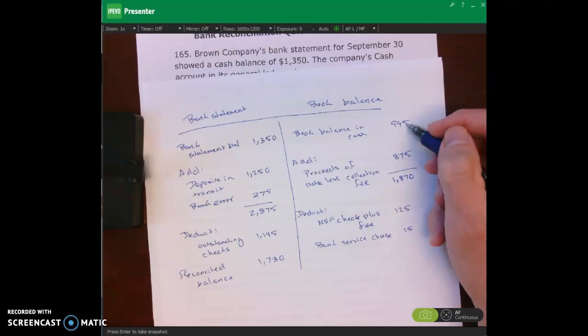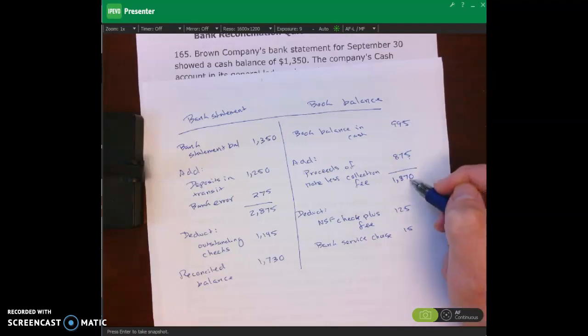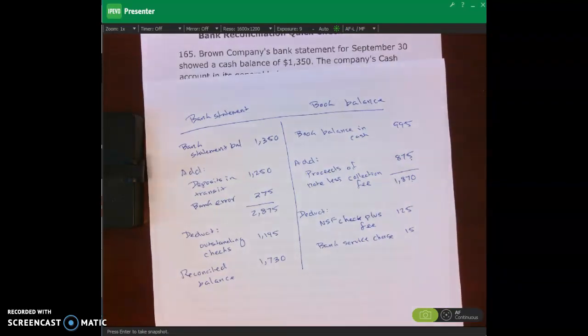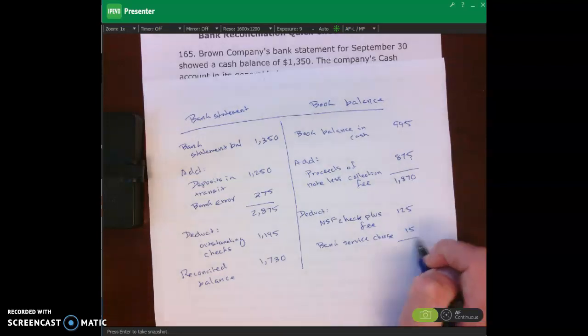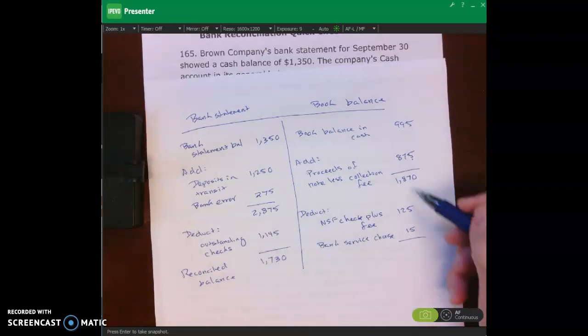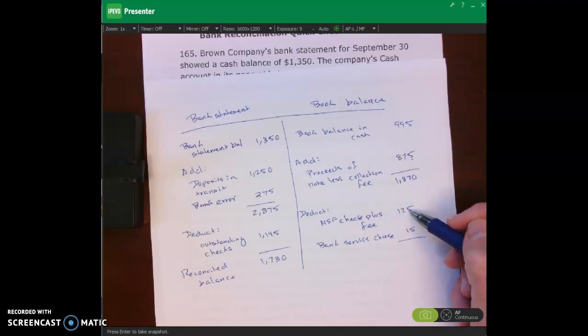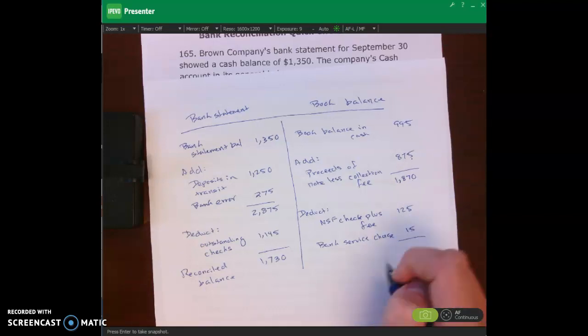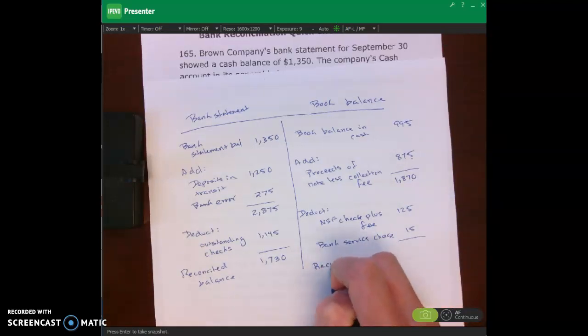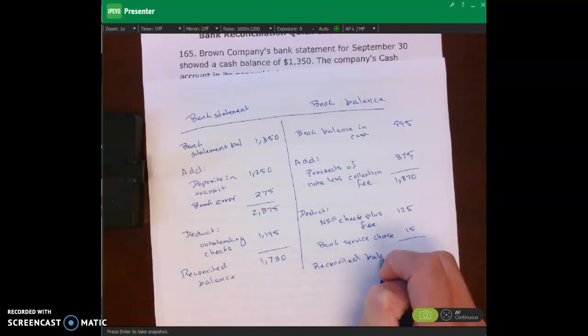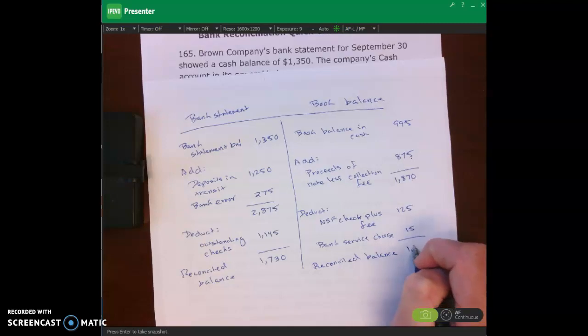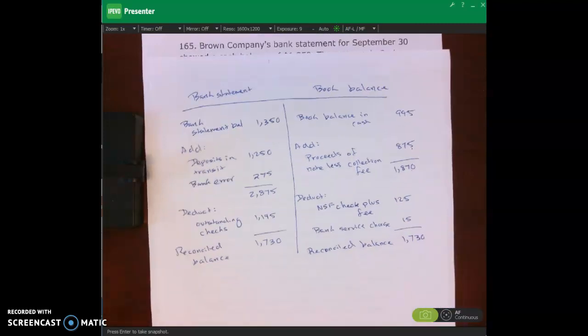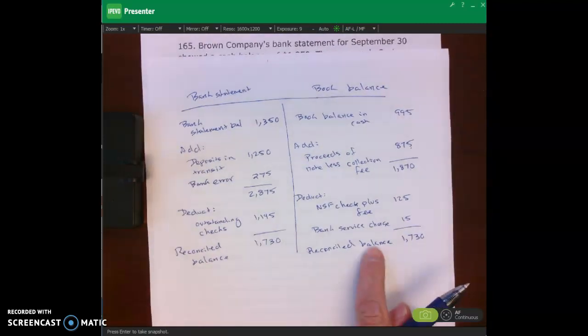So I took my $995 plus my $875 here, $1,870. And then I can take my $1,870 minus my $125 minus my $15, which gives me my reconciled balance equal to $1,730. And so what we just did was step 8.